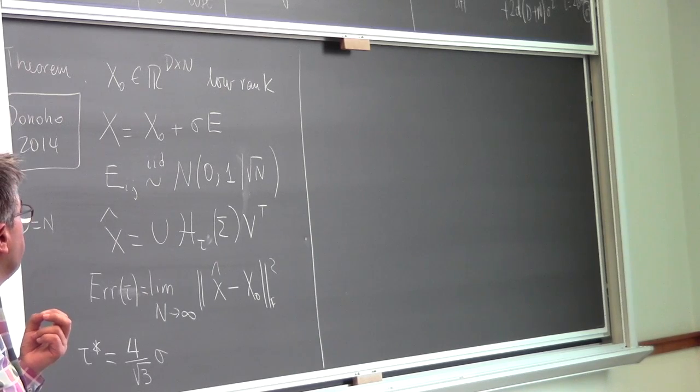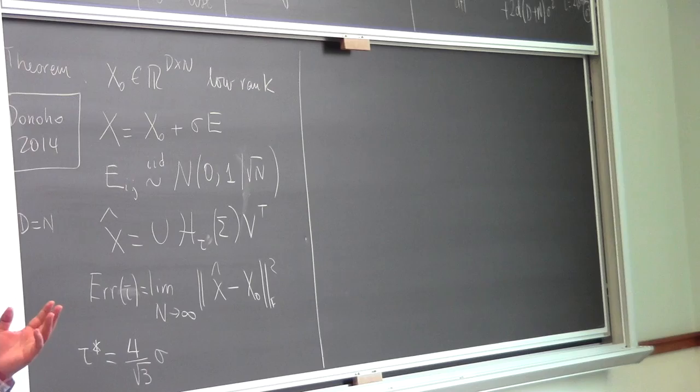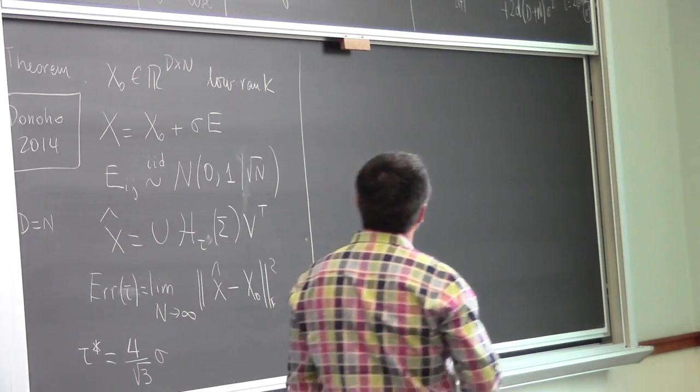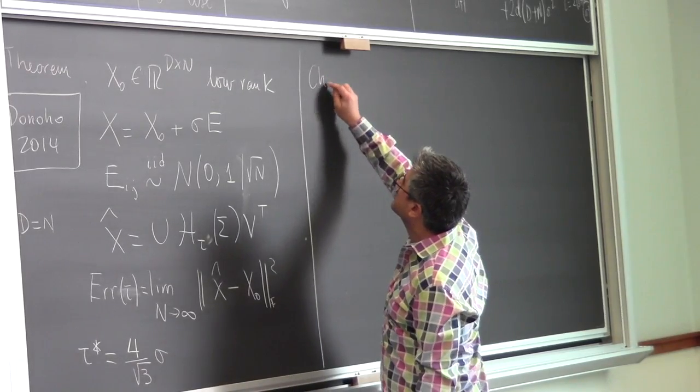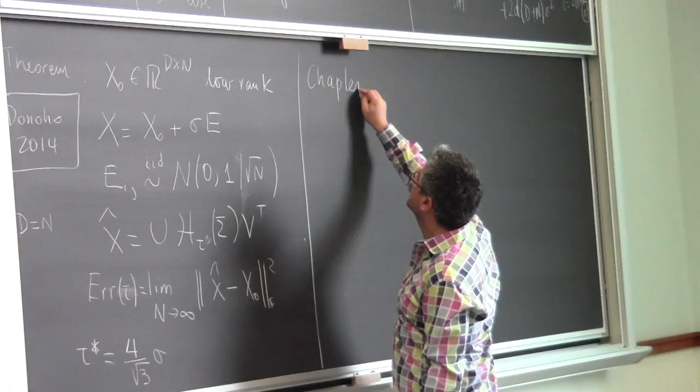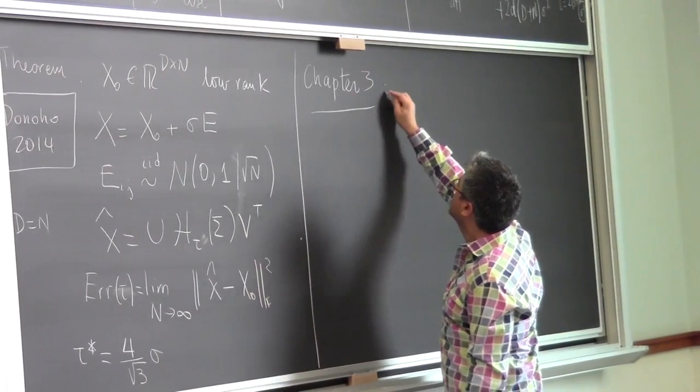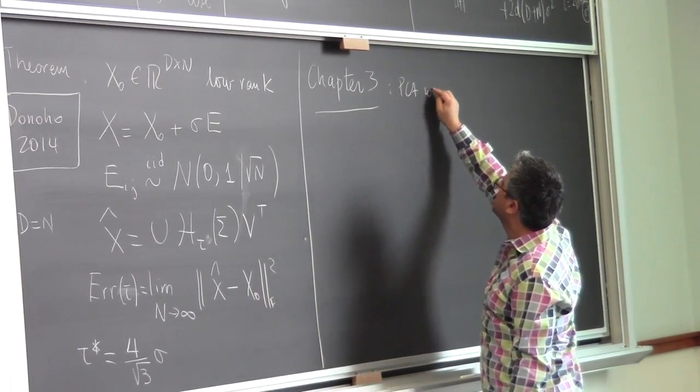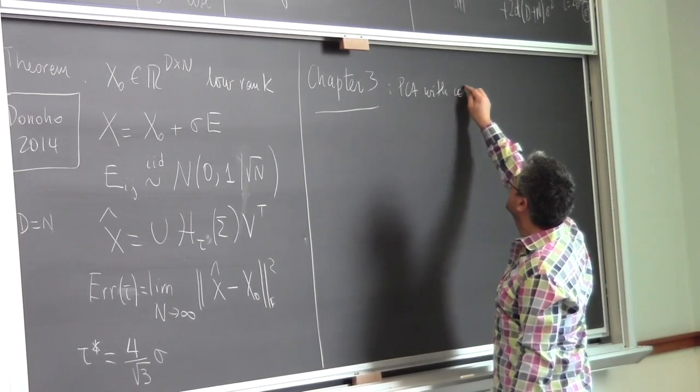All right. So what I'm going to move to now is chapter 3, which is PCA with corrupted data.